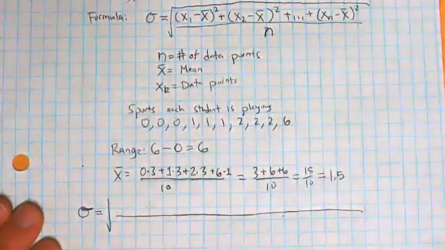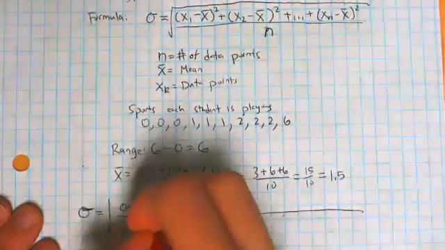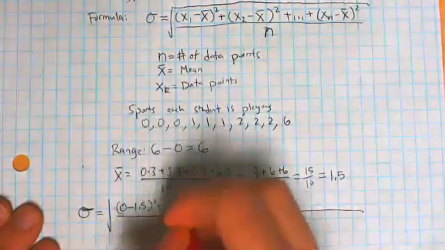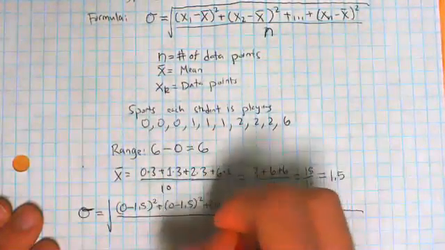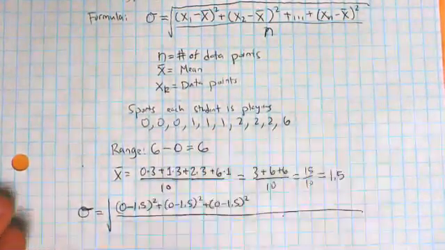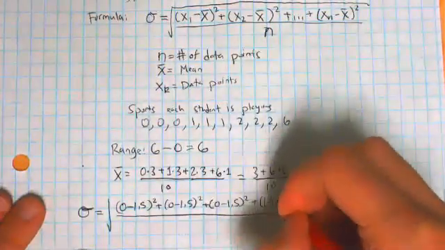Our first data points, we have 3 zeros. So we're going to do (0 minus 1.5) squared plus (0 minus 1.5) squared plus (0 minus 1.5) squared. And you can see where I'm going from here: the next one will be (1 minus 1.5) squared.